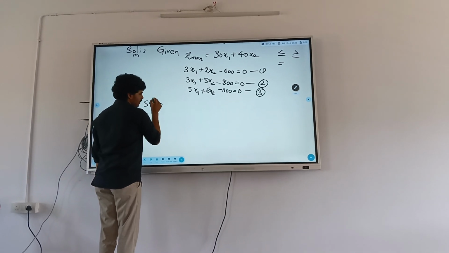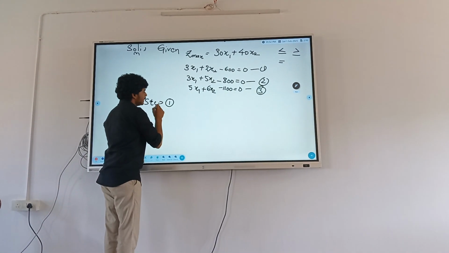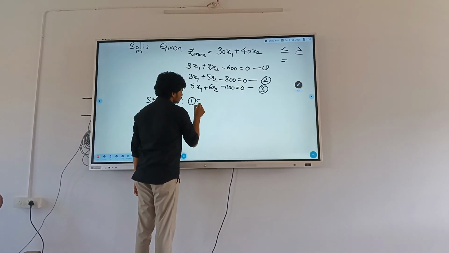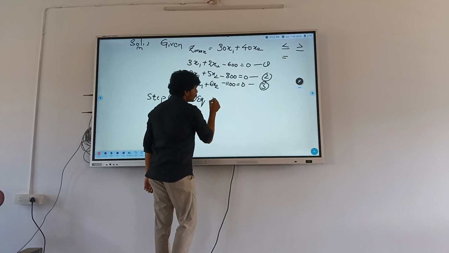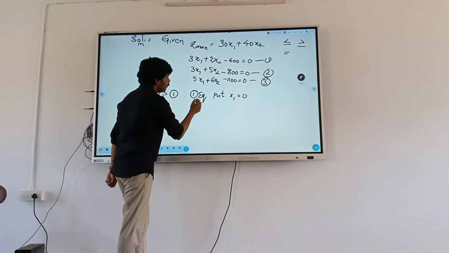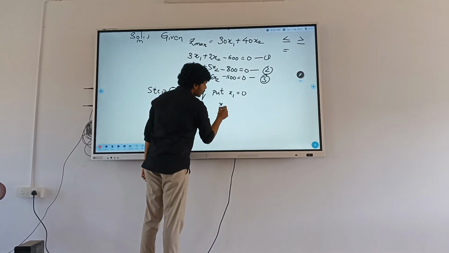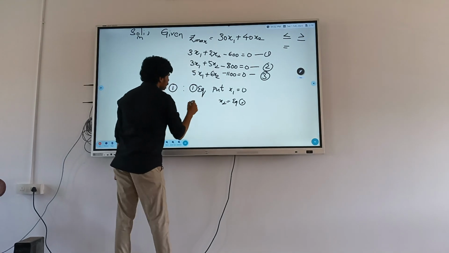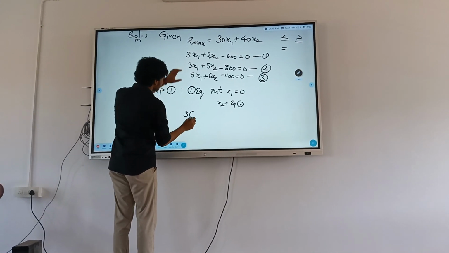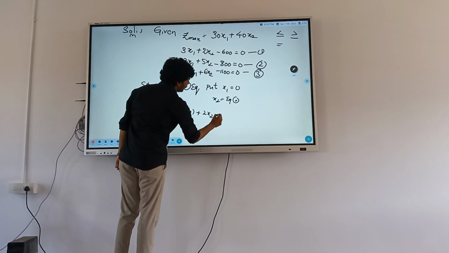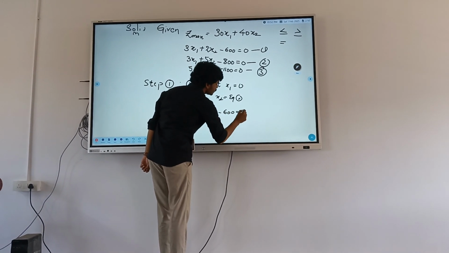Take the first equation and put the x1 value as 0. From that we can find the x2 value from equation 1. So x1 value is 0 and 2x2 minus 600 equals 0.